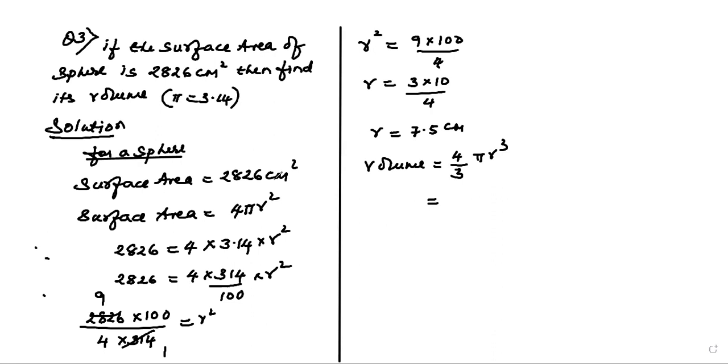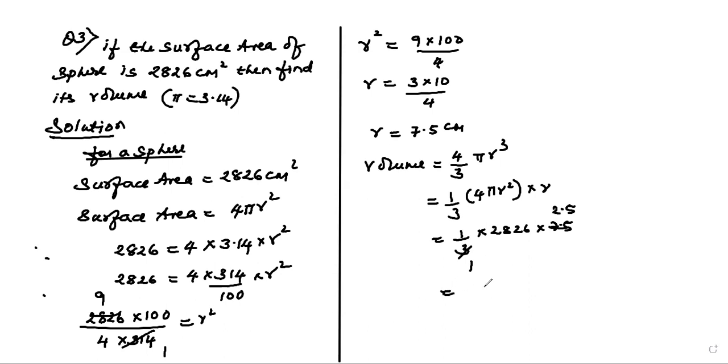Since surface area is given to us, children, I'm going to write it as 1 upon 3 into 4 pi r square into r. So this will become 1 upon 3 into 2826 into 7.5.